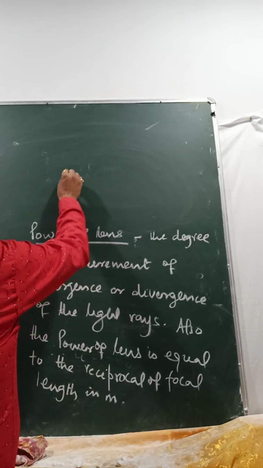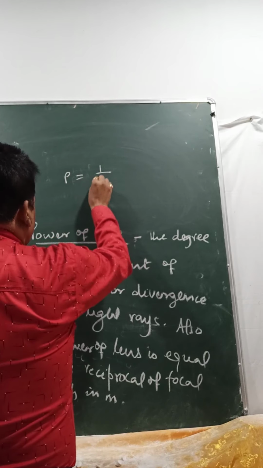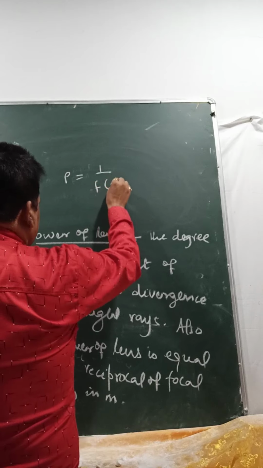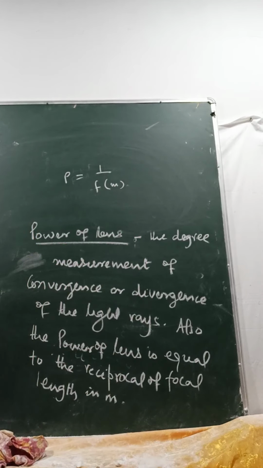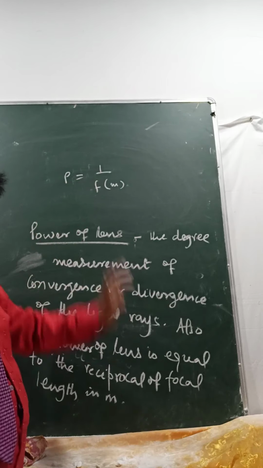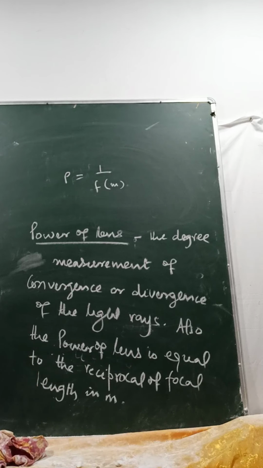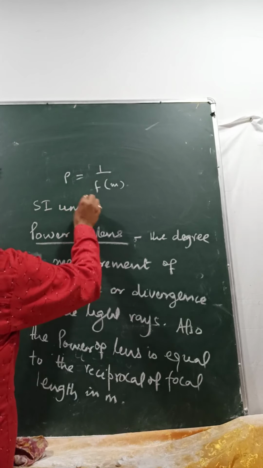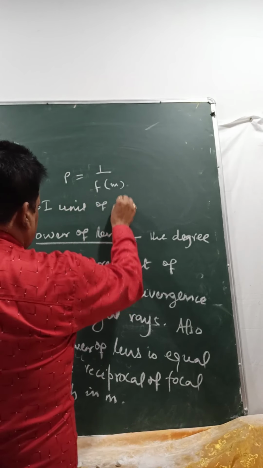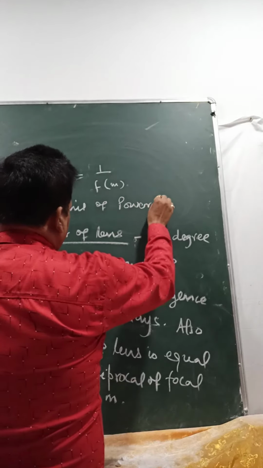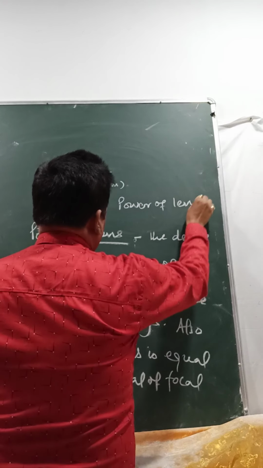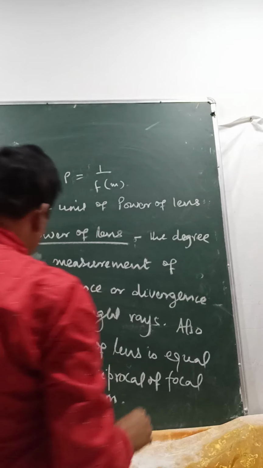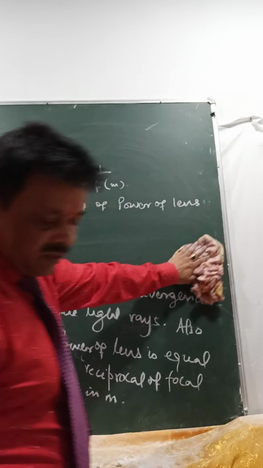Means power equals 1 by f. This f is in meter, 1 by f in meter. Also, what is the SI unit of power of lens? That is 1 diopter.